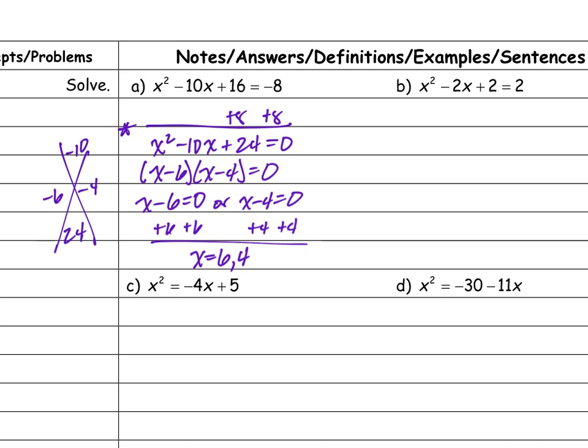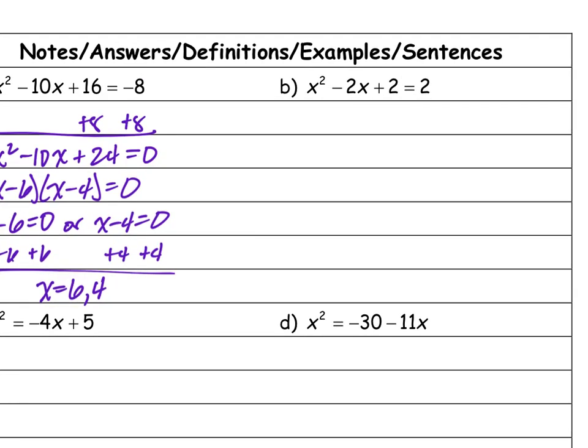And then for the second problem, I'm going to subtract 2 from both sides, so everything's on the same side. And I get x squared minus 2x plus 0 equals 0. So in this case, I need 2 numbers that multiply to be 0 and add to be negative 2. Well, that's negative 2 and 0.